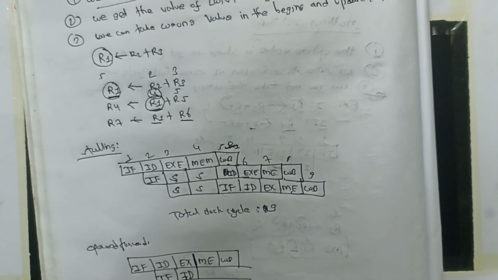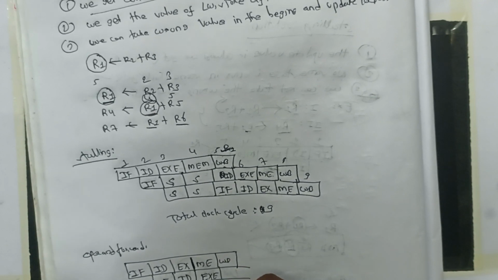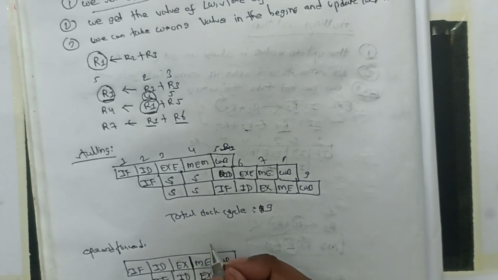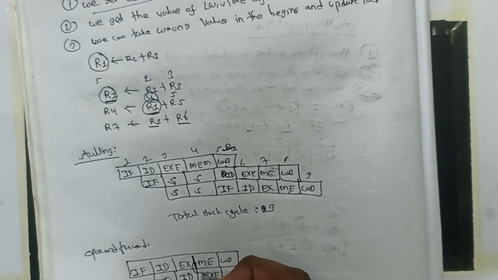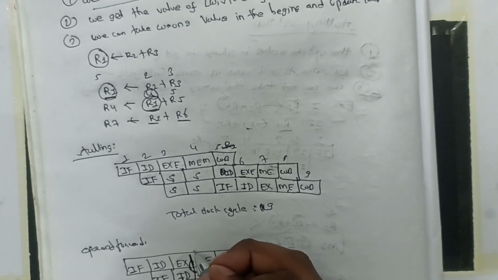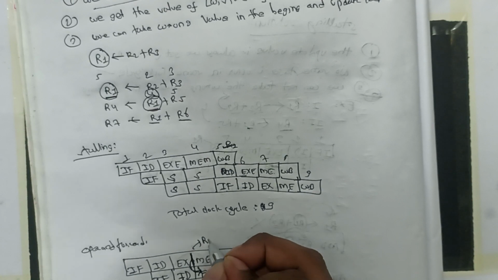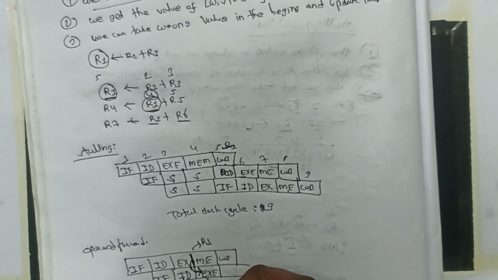Here I am taking the wrong value, so if I am doing execution here, it means after the third clock cycle I get the updated value. It means I can use this updated value in EX here by this arrow. Execution is finished, I will get the updated value of R1 and I use this updated R1 before this execution.